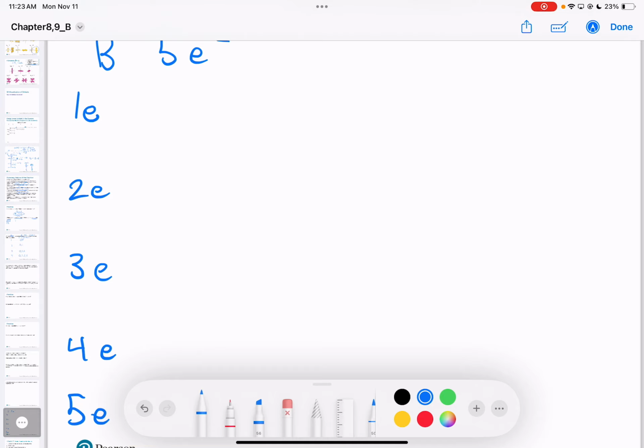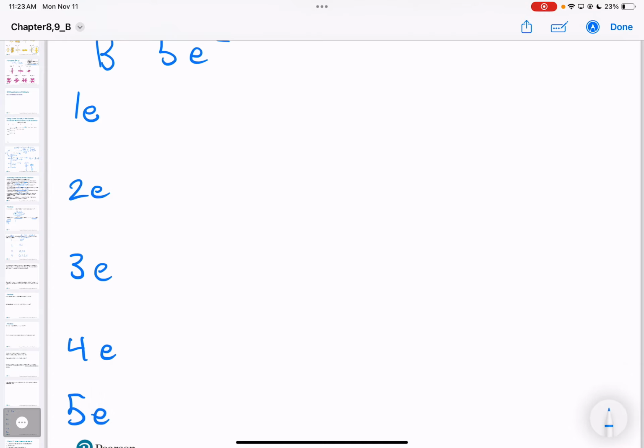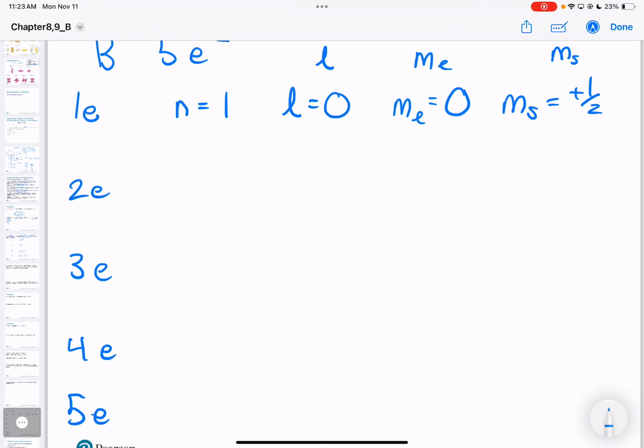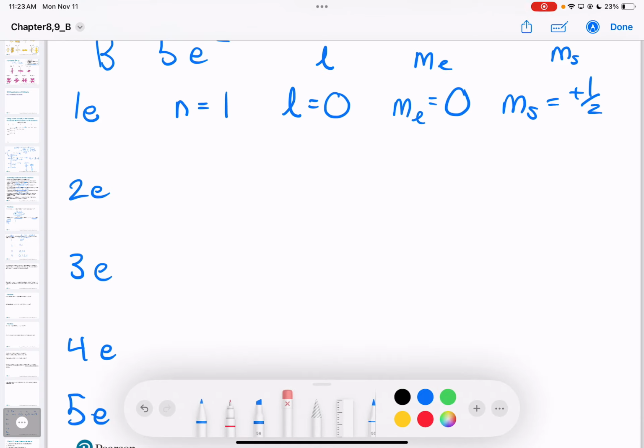Electrons are always going to tend to the lowest potential energy. So I'm going to say that those first 2 electrons are both in the 1s subshell. I'll put these as a table up top instead of rewriting N equals, L equals every single time.